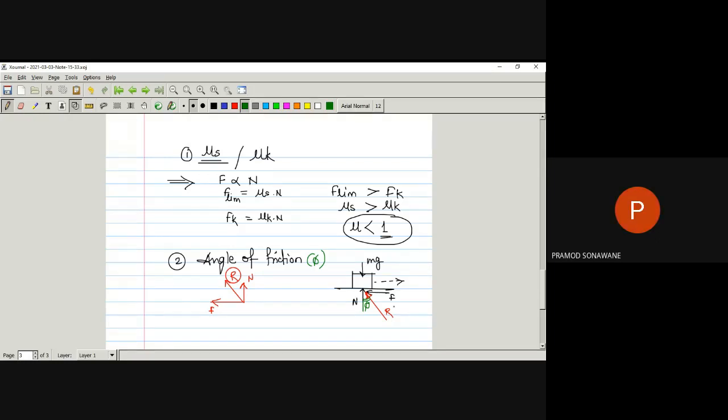Angle made by resultant of normal reaction and frictional force with respect to normal is known as angle of friction.